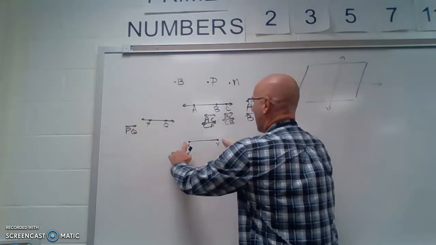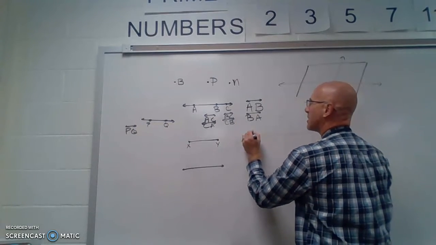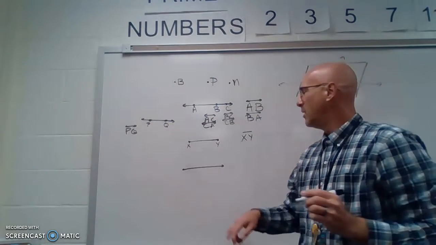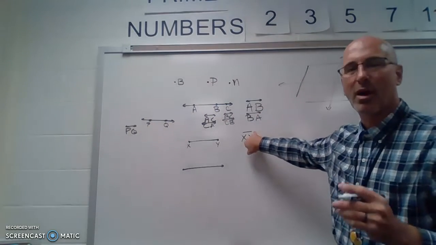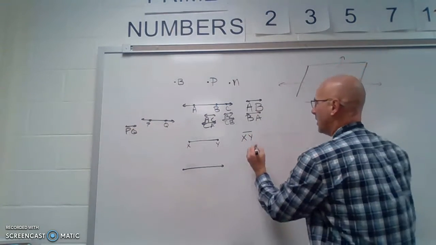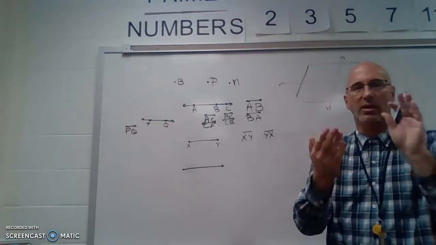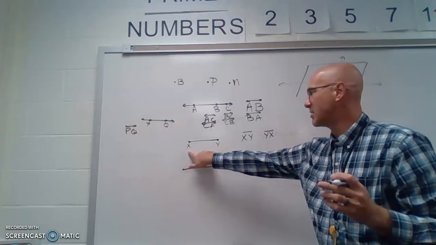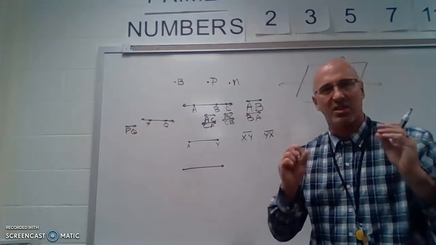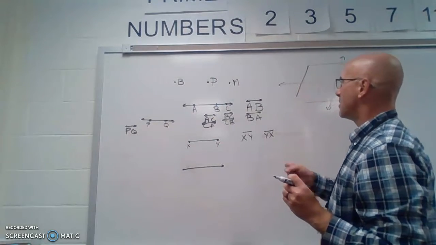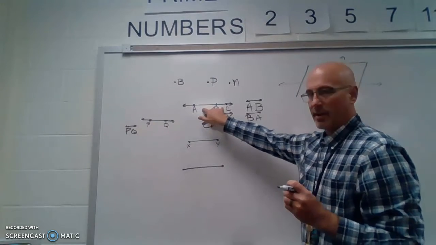So line segment XY, or just segment XY, we label our points X, Y, and we just put the bar over the top. That's the line segment. And now we could also label it line segment YX. We can reverse it. It doesn't matter. It refers to the same set of points. It's the 2 endpoints and every point in between. There's still infinitely many of them. So look at the difference between a line segment and a line.